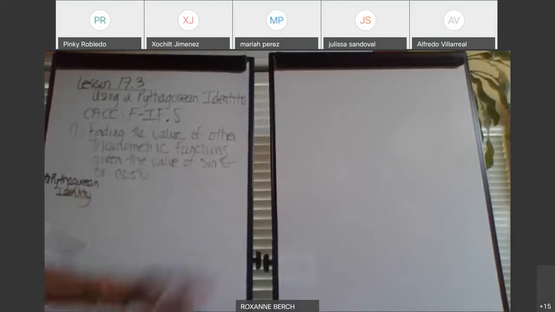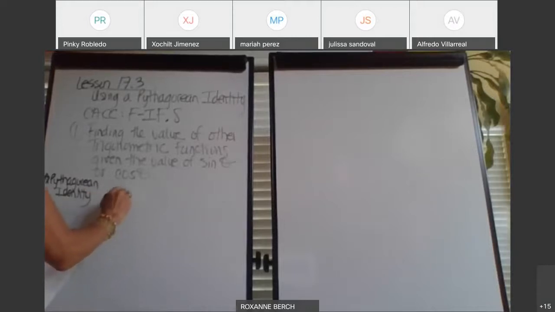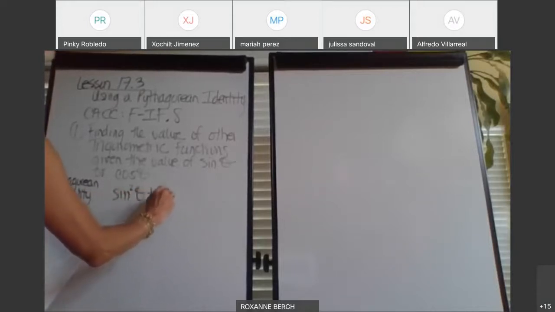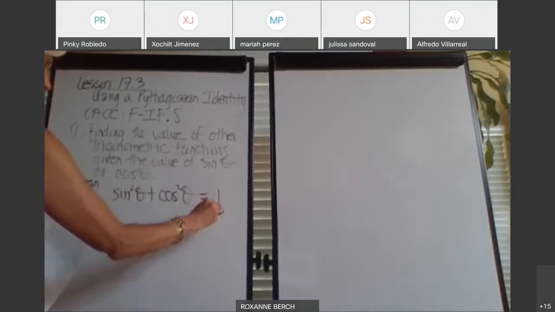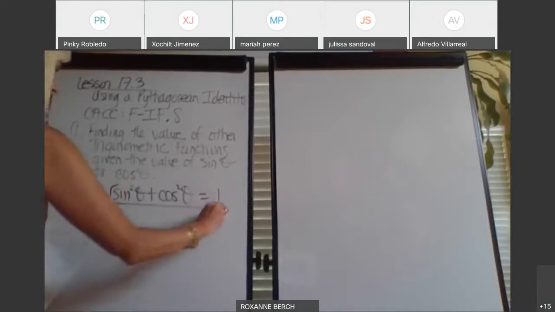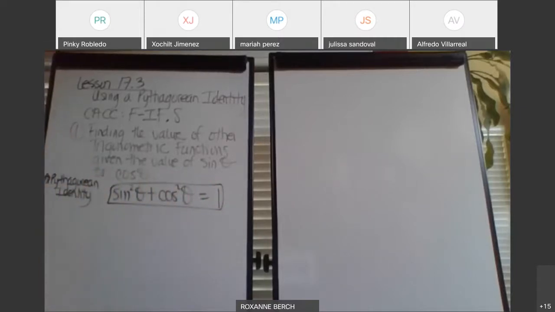What does the Pythagorean theorem look like with sines and cosines? So there you go. This is the Pythagorean identity.